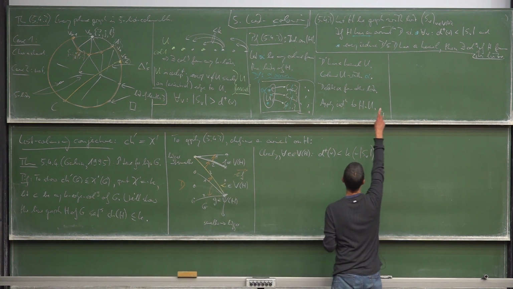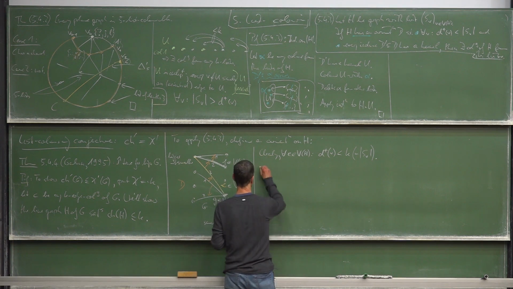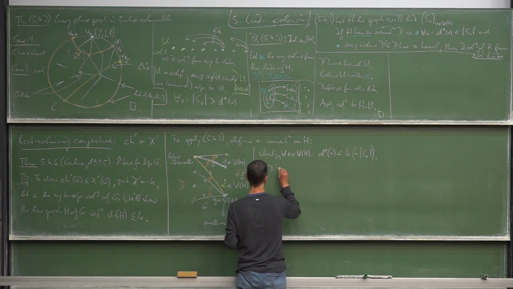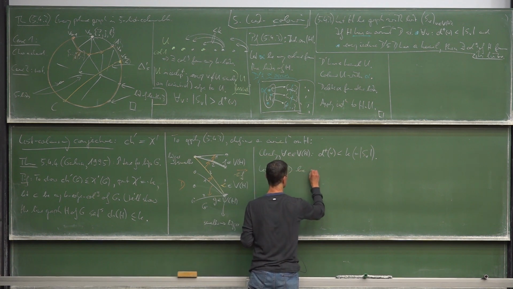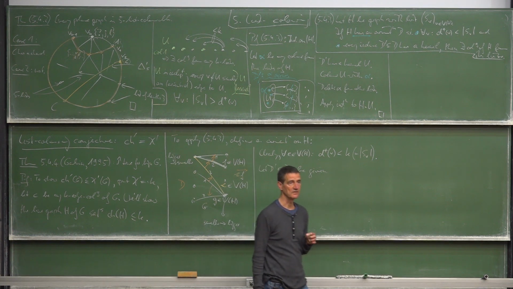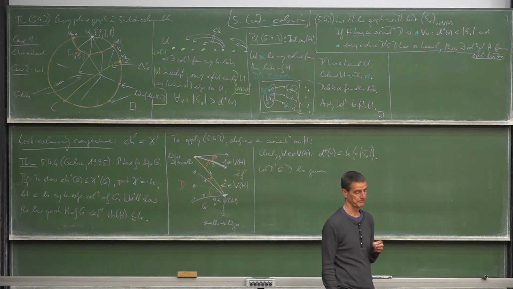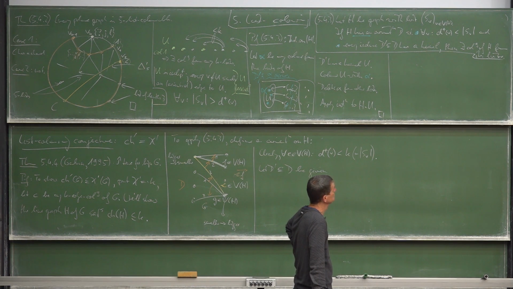Now we have to check the other condition, the other blue bullet. So let G be any induced subdigraph of D. We have to show that it has a kernel.